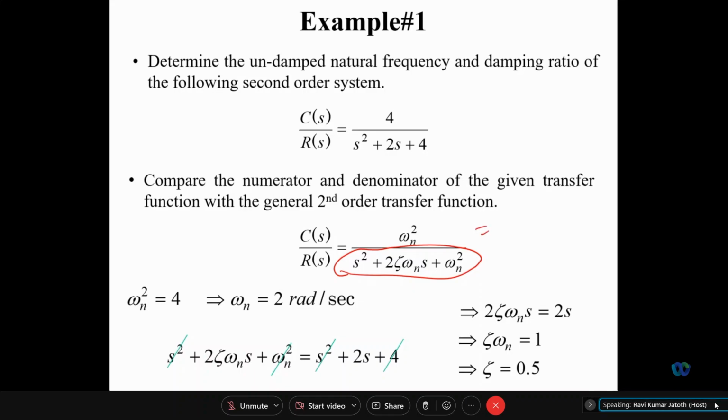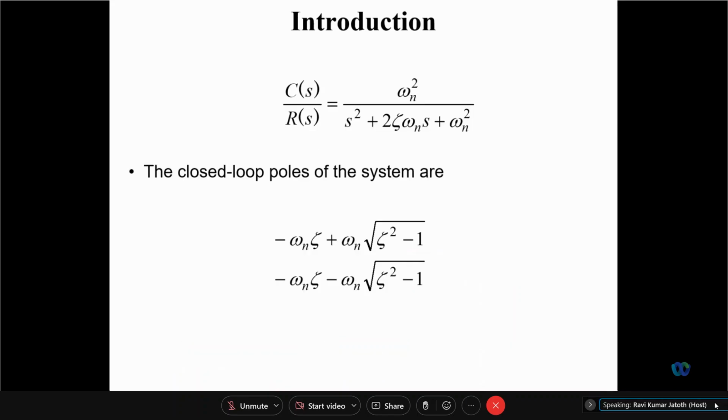Minus b plus or minus under root b square minus 4ac by 2a. So now tell me, what are the roots? These are the roots: minus omega n zeta plus or minus omega n under root zeta square minus 1. Now, can I write this as minus omega n zeta plus or minus j under root 1 minus zeta square? Can I write like this?